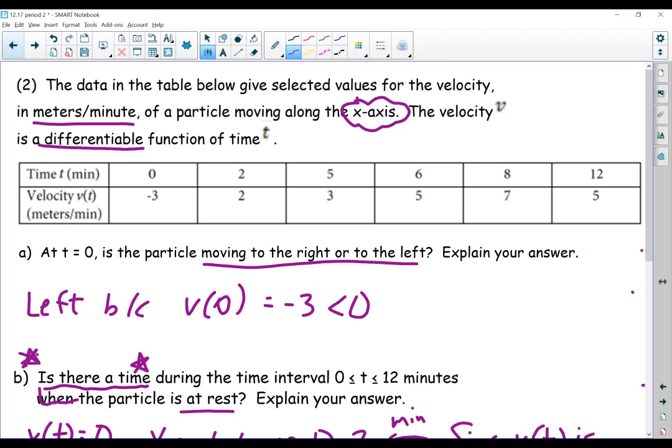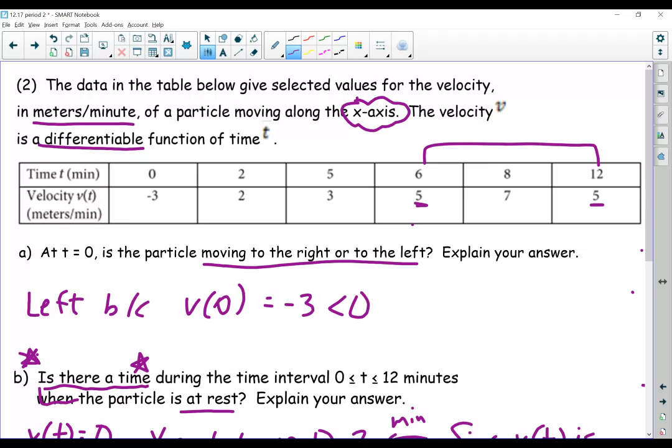Now, it can be an interval within an interval as long as it's somewhere between 0 and 12. So if I focus on these and I look between 6 and 12, notice how the velocity values are both 5. If I found the slope between those 2 points, I would get 0 over 6, which is 0. So the average rate of change between 6 and 12 is 0, which means there has to be an instantaneous rate of change of 0 somewhere in there.